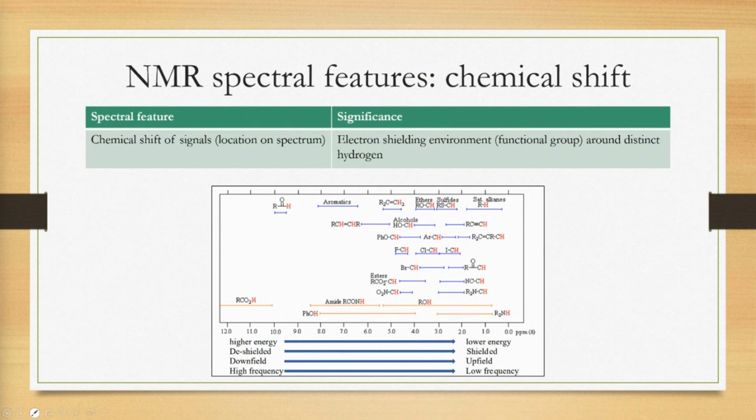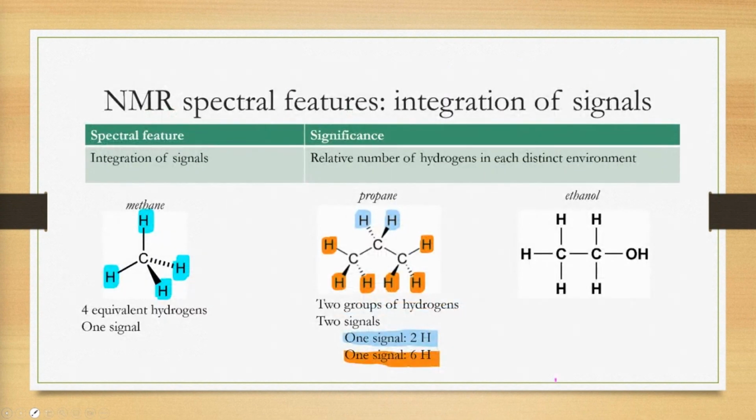Okay, the next feature that we're focusing on is the integration of signals, and that's the relative number of hydrogens in each distinct environment. So we already looked at methane and propane. So methane, we said we have 4 equivalent hydrogens. We're only going to have 1 signal. So we could say the integration is 4, but usually that's reduced to the lowest integer. So it may show up as 1.